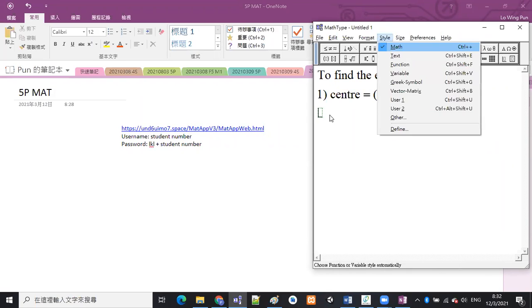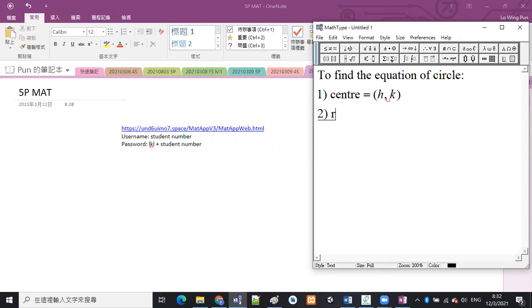Second, we need the radius of the circle, denoted by r. Then step 3, we can write down the equation of circle by the following formula: (x minus h) squared plus (y minus k) squared equals r squared. Then expand all the brackets and simplify the like terms.